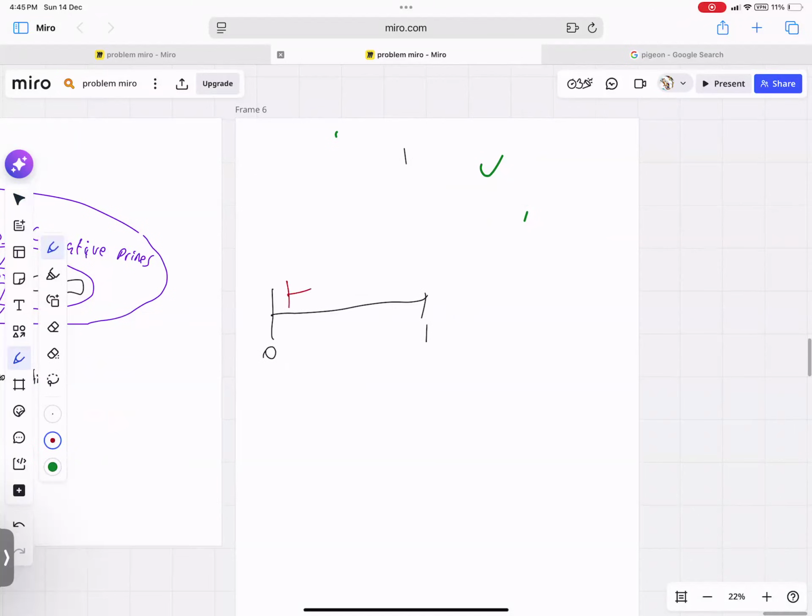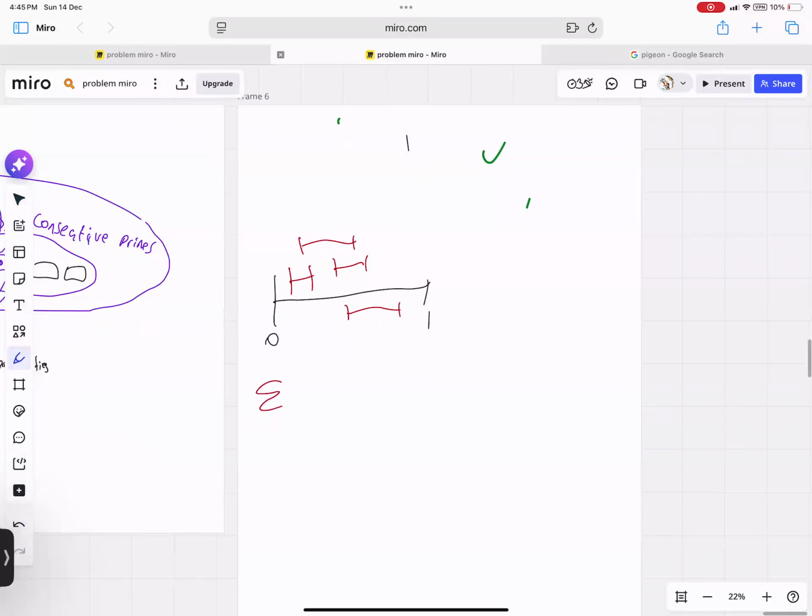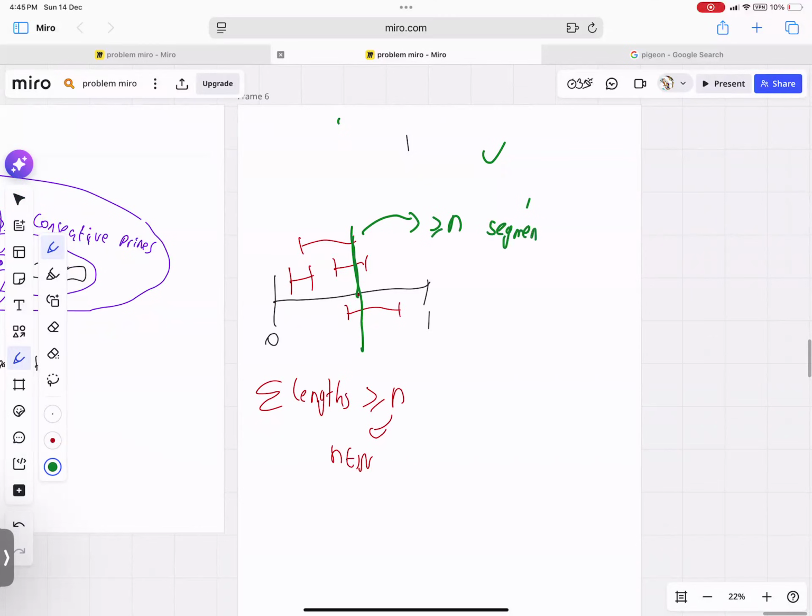And in this segment, you have some subsegments of any length, such that the sum of the lengths is at least some n, where n is a natural number. Show that there is some point which belongs to at least n segments. Does this make sense? It's intuitively true, but I want to see a formal proof for this.